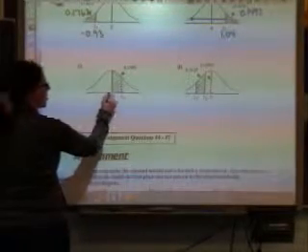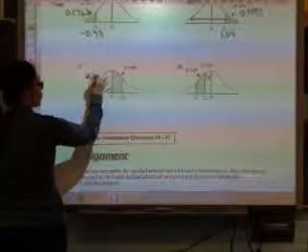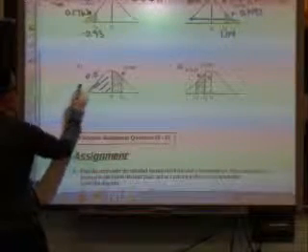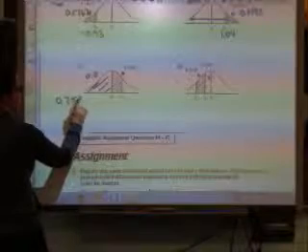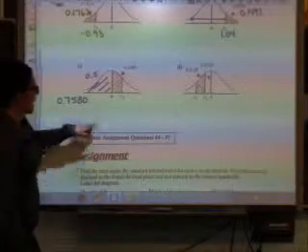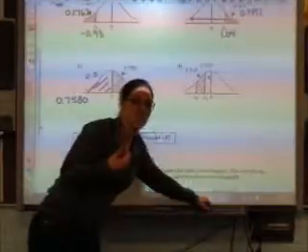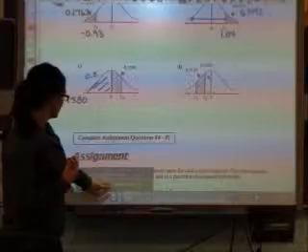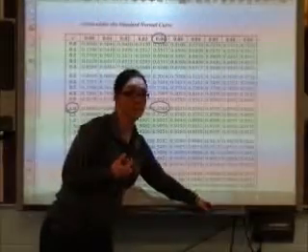0.2580. This whole section here is 0.5. So the whole area that I'm looking up together is 0.7580. And again, I have to be in the positives because my Z sketch shows that it's above the mean. So I look for 7580.